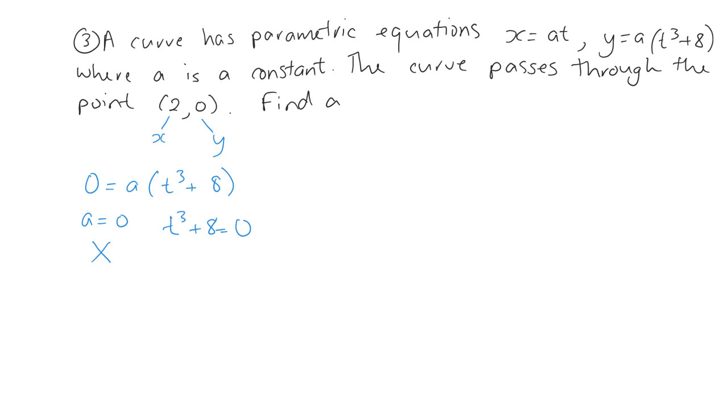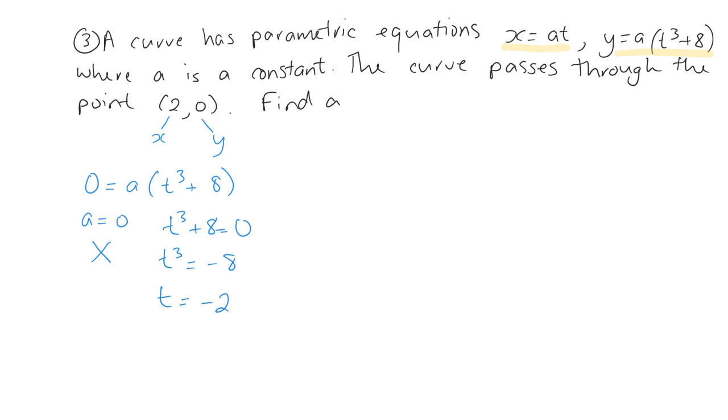Now this a equals 0 doesn't make any sense because it would make both of your equations 0. So it just doesn't make any sense. So then let's look at the t one. That would give you a value of t equals minus 2 would make this 0.